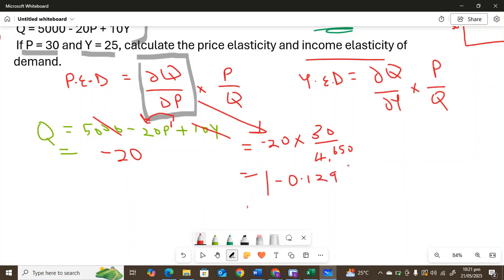Even here you still have to get the absolute value, colleagues, so 0.129. So is demand elastic or inelastic?